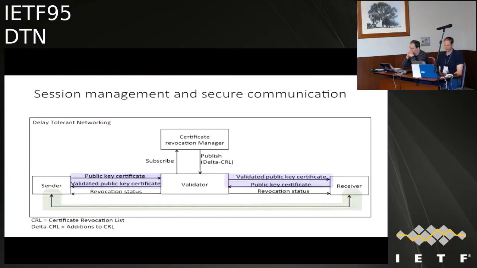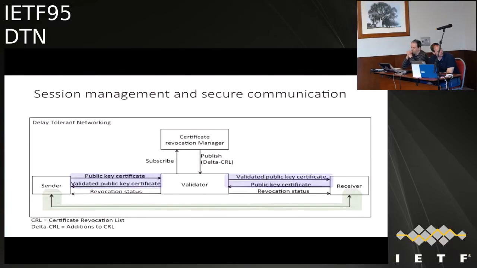So now that the certificate revocation event propagation system is in place, this slide shows how the sender and receiver can exchange their certificates via the validator. The sender sends a public key certificate to the receiver through the validator.